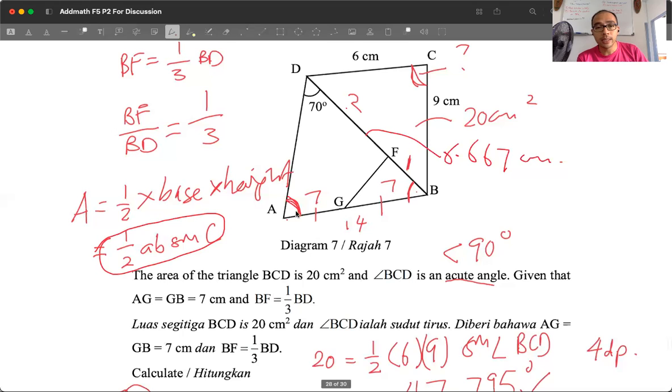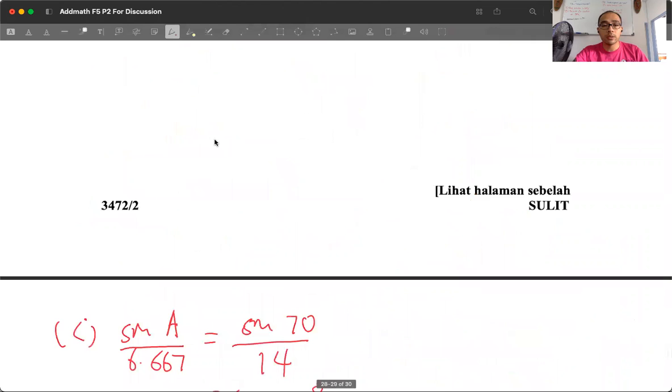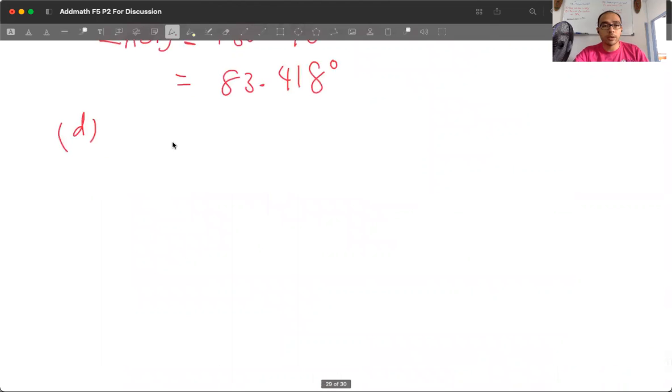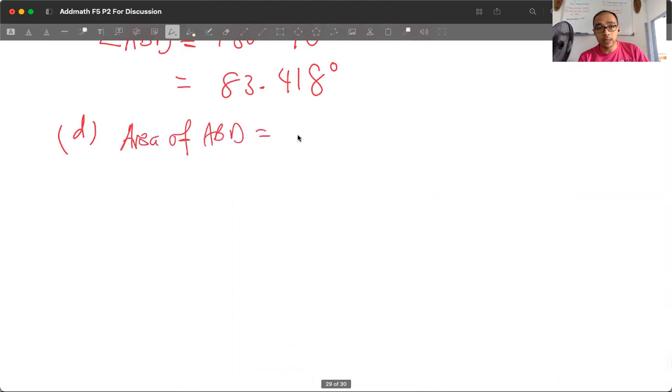If this is the triangle, I have this side and I have this angle, so I can find the area of triangle ABD. Area of ABD is 1/2 times 14 times 6.667 times sine 83.418.